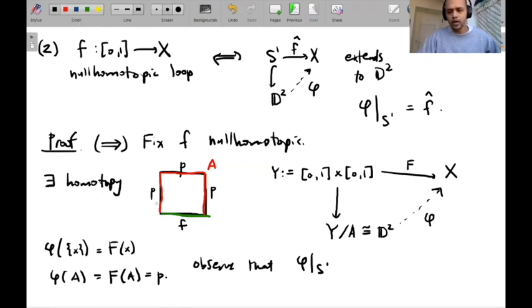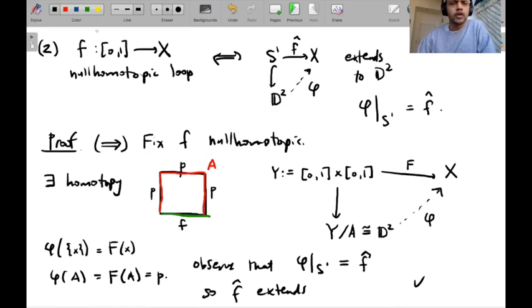Under the quotient map, this green segment maps to a circle. And the map on this boundary, if you think about how things are defined, is exactly F hat, that induced map on the circle. So F hat extends, which is what we wanted to show. At least this is the one direction.